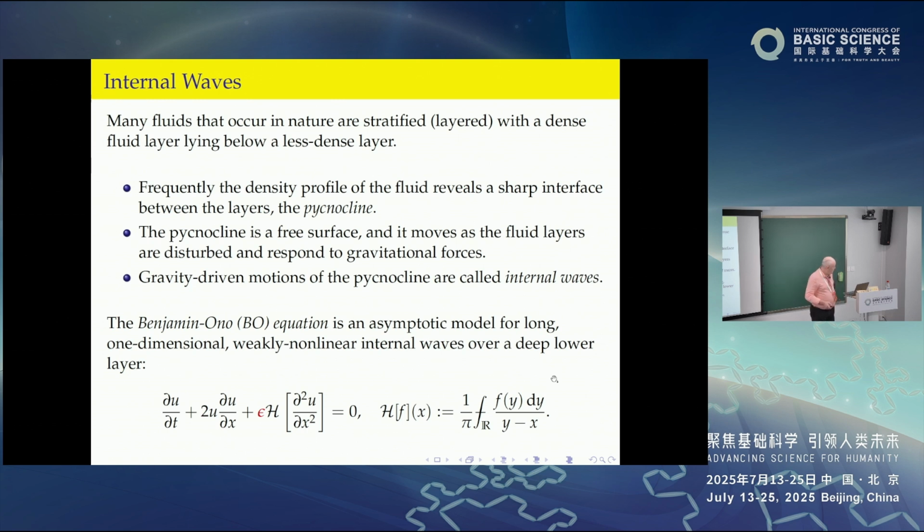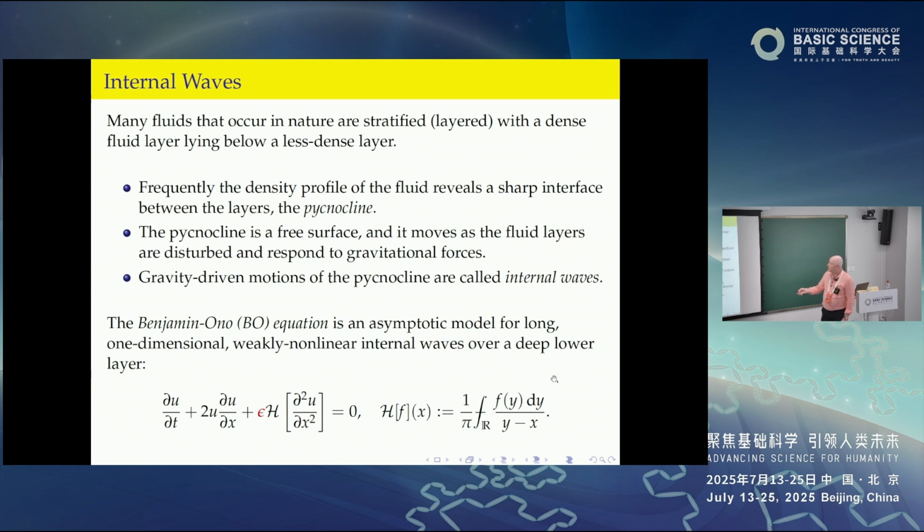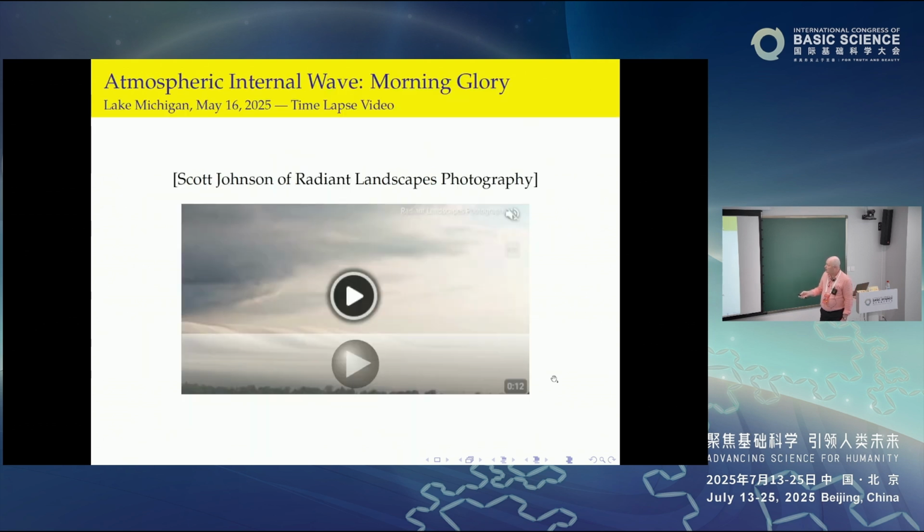What I want to show you now is movies. I got kind of lucky because about 2 months ago, on May 16th, 2025, there was an observation of a certain cloud formation over Lake Michigan.